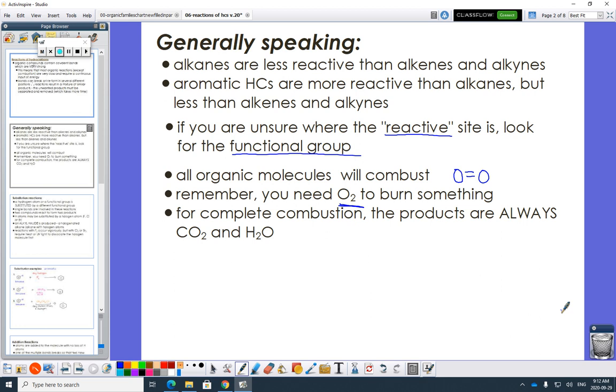There's this minimum, right, limiting reagent, this minimum amount that you need, except for combustion. Incomplete combustion occurs when there's not enough oxygen, but combustion of certain molecules is such a readily occurring reaction that it will actually work even if there's not the correct mole ratio. But if you're asked to write a reaction, then just assume that it's complete. So the products are always going to be carbon dioxide and water.